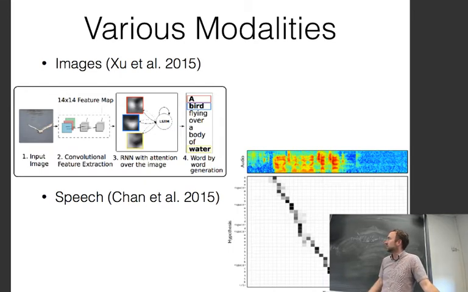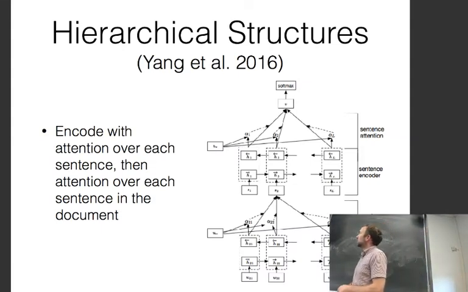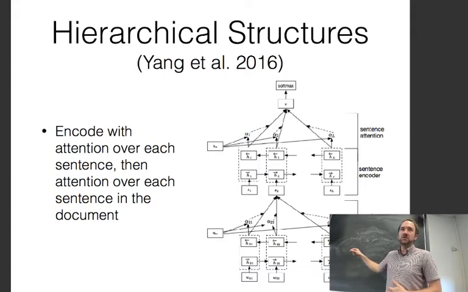But even if you want to go from words to characters, for example, this is something that you need to think about. You can also attend to hierarchical structures. This is an example of a paper where they do document classification, where you encode the words of each sentence first, get a representation for that sentence, and then encode the representation of each sentence.